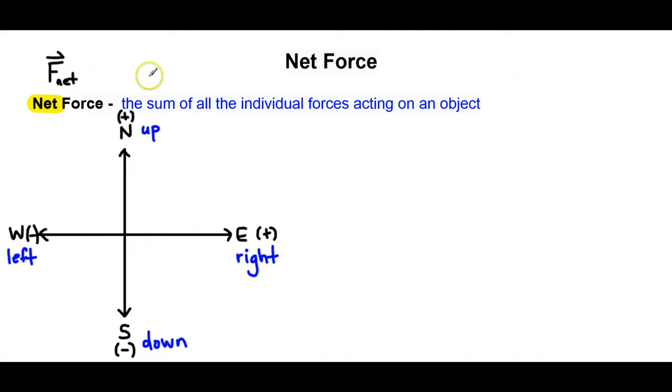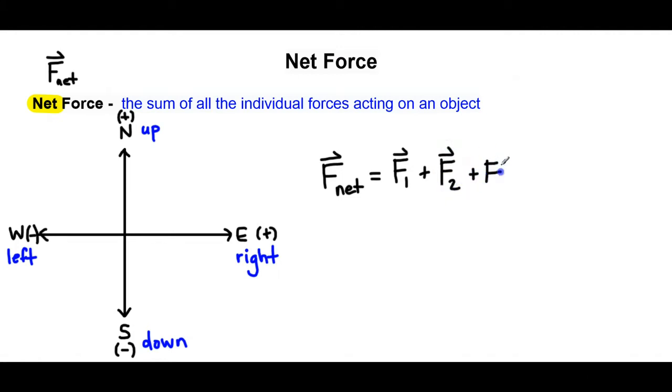Okay, so if we're trying to find the net force on an object, really what we're doing is we're just adding up all the individual forces in a right-left direction or an up-down direction. So we just take each individual force and we continue adding them to figure out what the overall net force is.